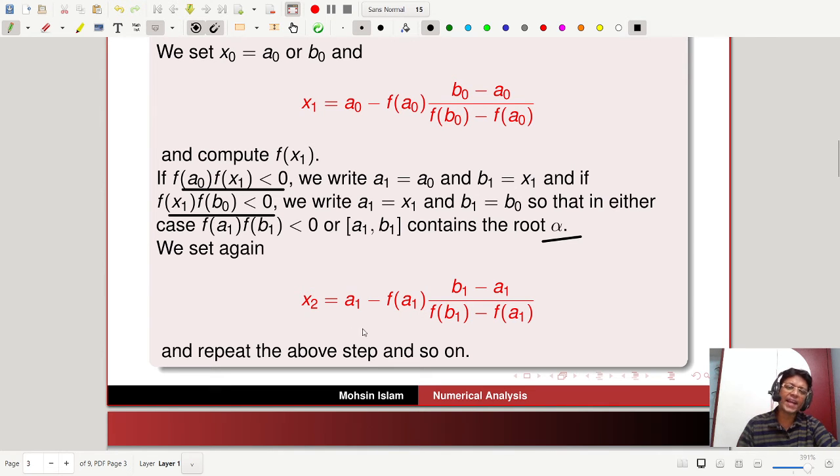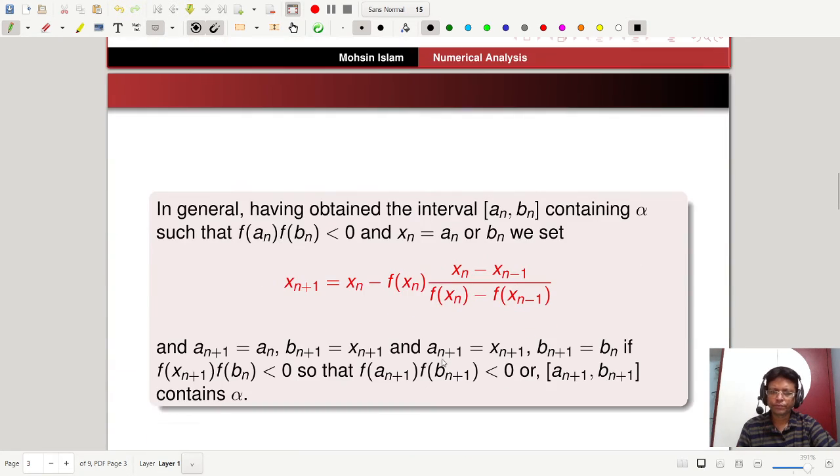We set x2 again by the same process, and repeat the above step and so on. This is the concept of the regula falsi method, or method of false position. If we generalize, having obtained the interval [an, bn] containing alpha such that f(an) f(bn) < 0 and x_n equal to an or bn, we set this. This is the generalized one, and this is the (n+1)th approximation.